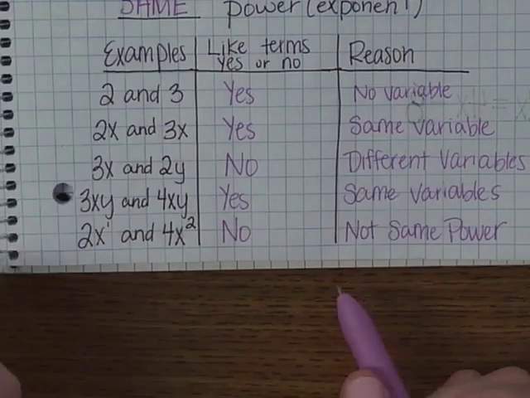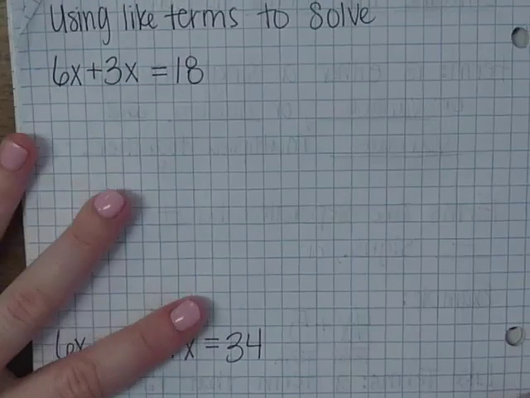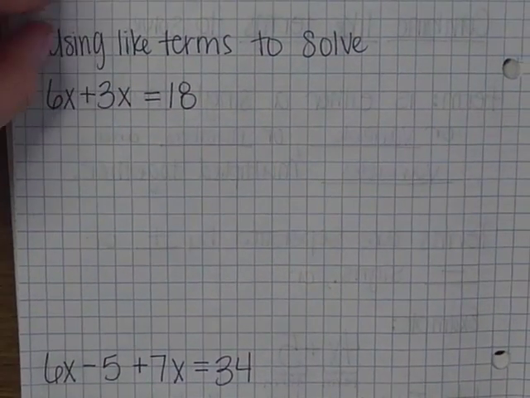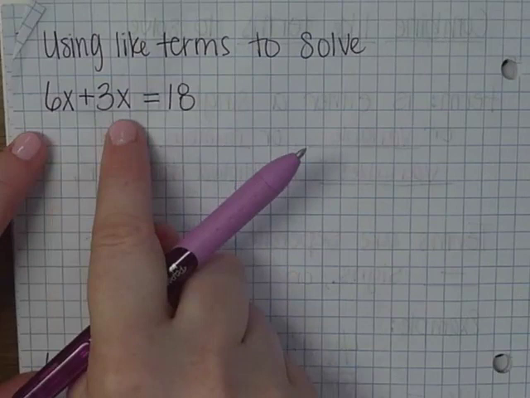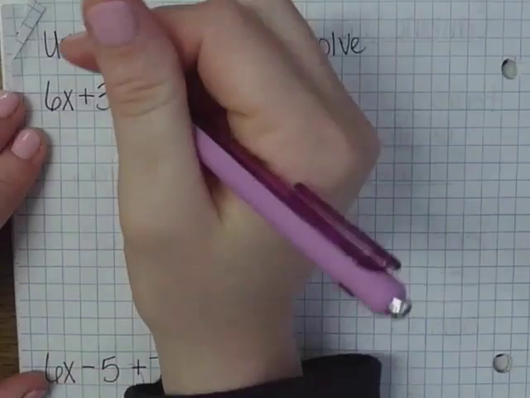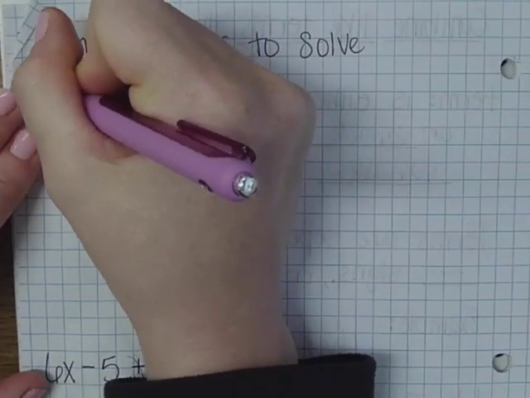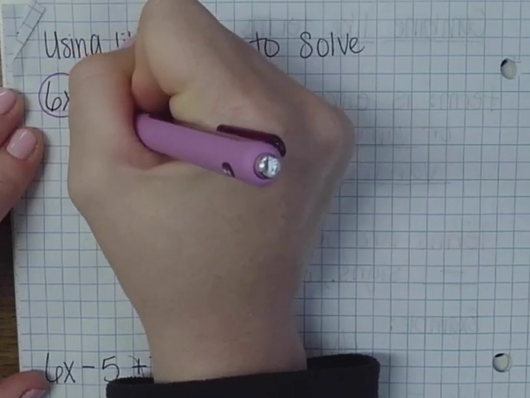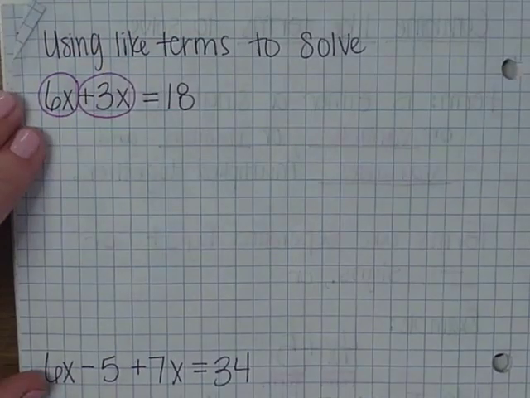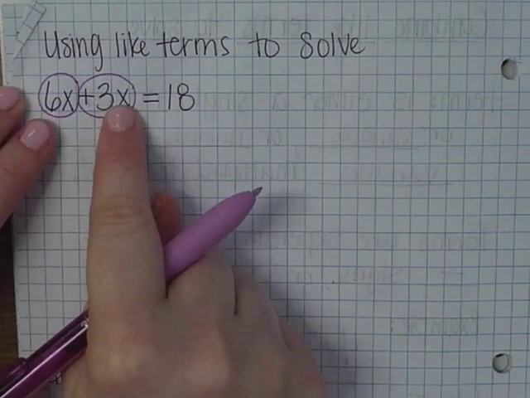Okay, so now that you understand what like terms are, let's look at solving using like terms. Okay, so if we have 6x plus 3x equals 18, you will see me circle it. So both of those have an x. 6x, 3x.